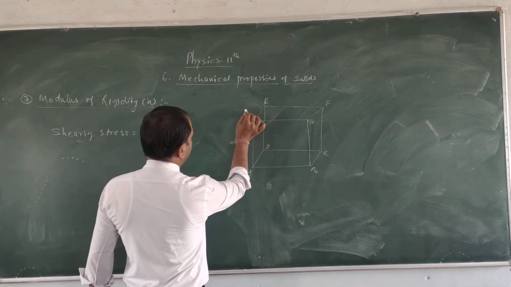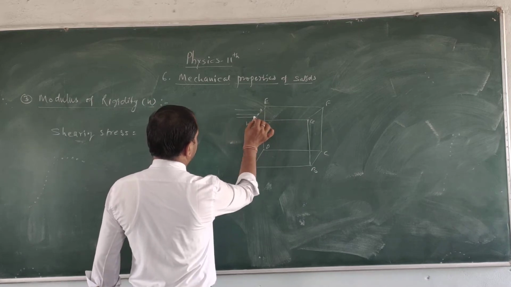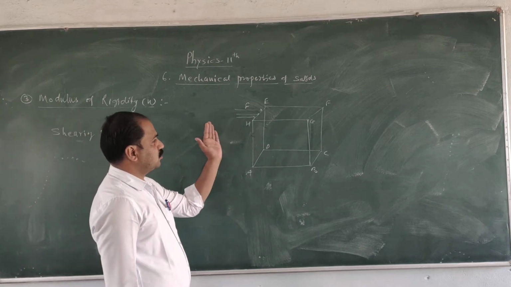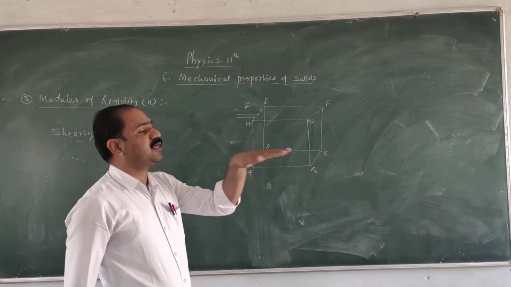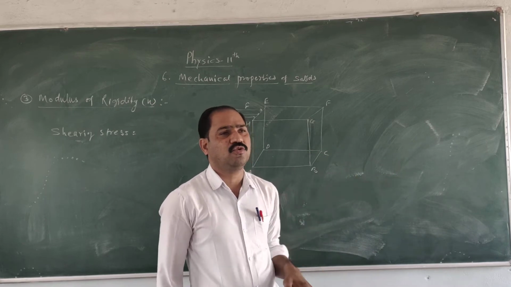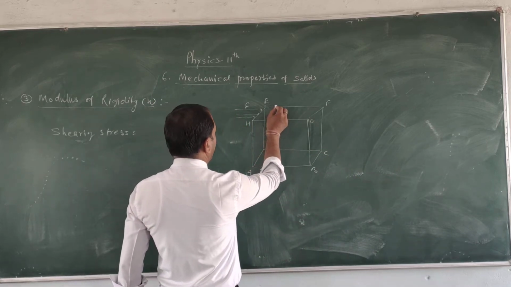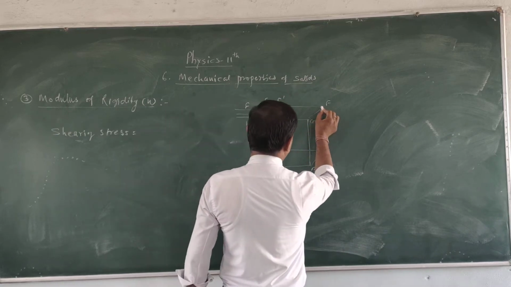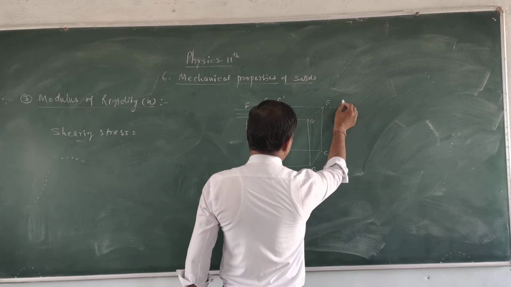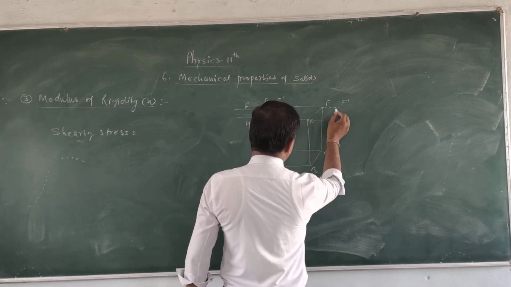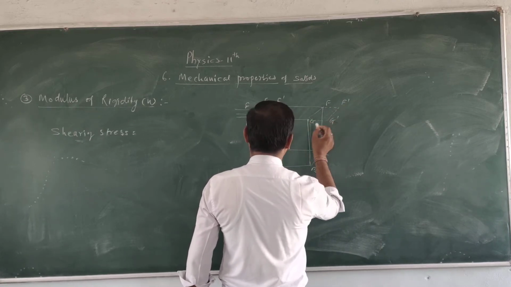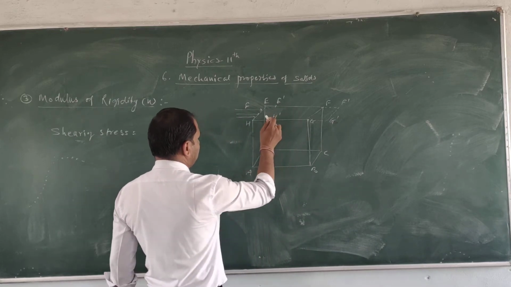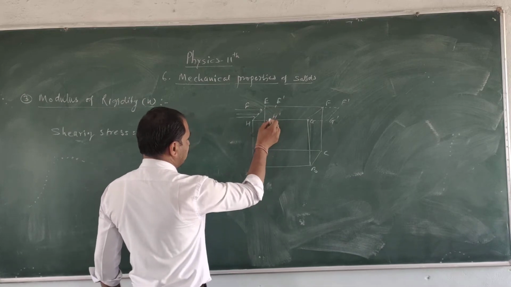This force is a tangential force, the applied force, applied at the top face of the cube. Then there is a displacement of this layer: E displaces to E dash, F displaces to F dash, G displaces to G dash, and H displaces to H dash.